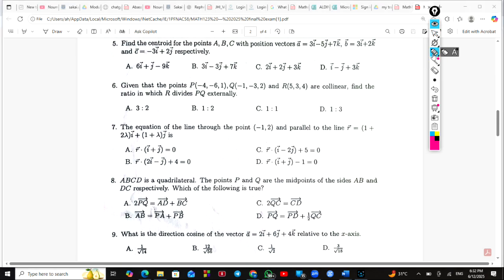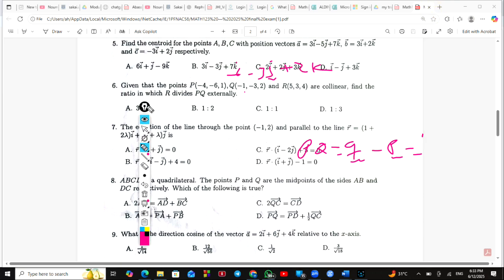So what is PQ? PQ is the same as the little vector q minus the little vector p. So PQ equals q, let's use i, so minus i minus 3j plus 2k for this thing. So it will be minus 1 minus 4, which is the same as positive 3.